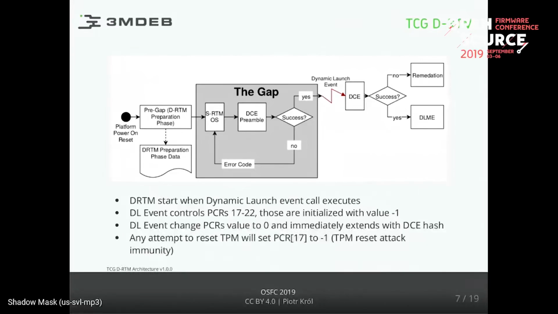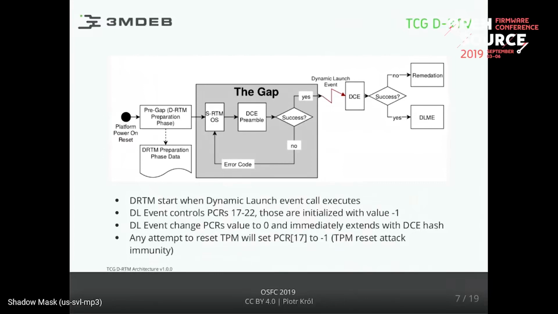In the case of Intel, we have the ACM, which you can download from the Intel website. In the case of AMD, there was nothing available out of the box. AMD does not provide anything, but there were various commercial implementations, and with TrenchBoot, we have an open implementation of DCE.